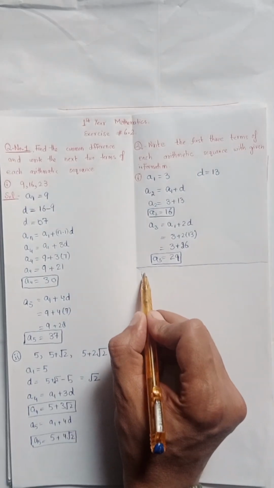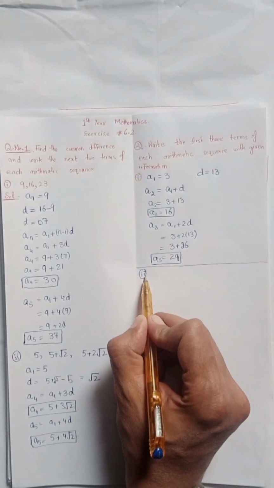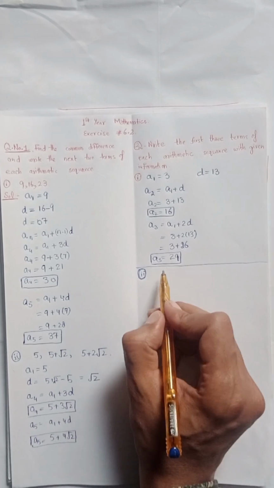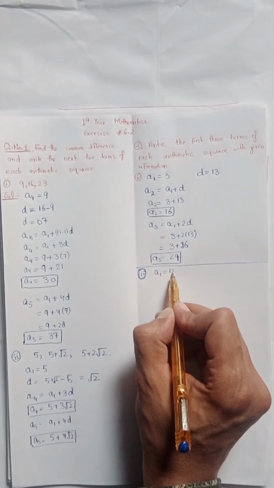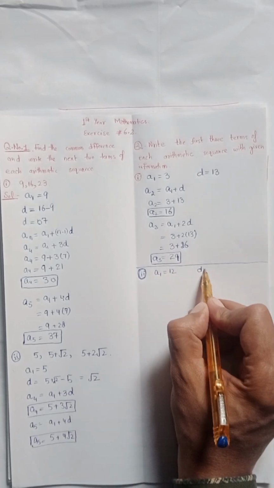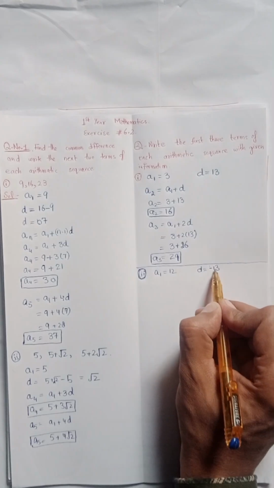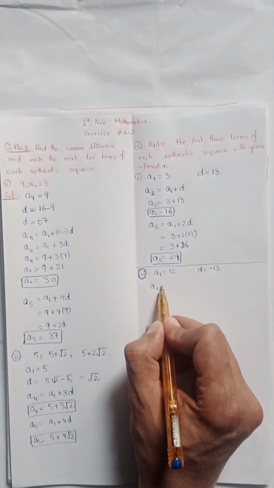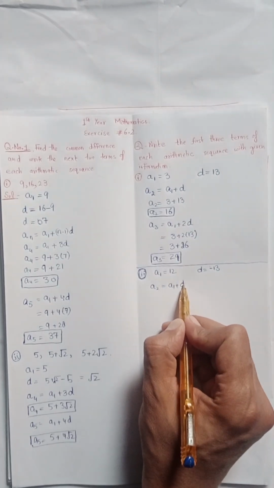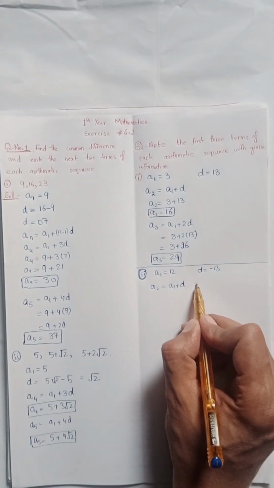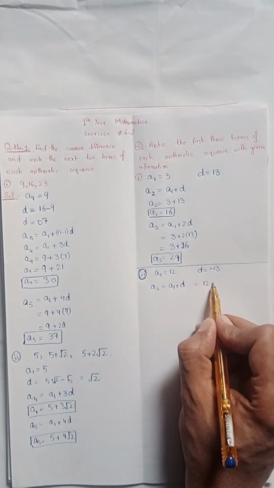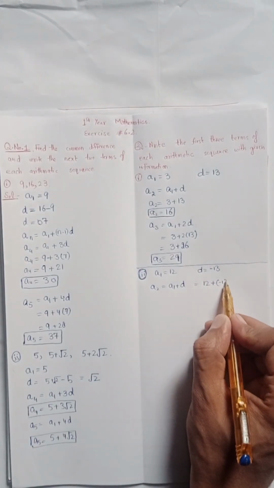And in the second part, A1 is 12, D is minus 13. So A2 equals A1 plus D, means 12 plus minus 13.